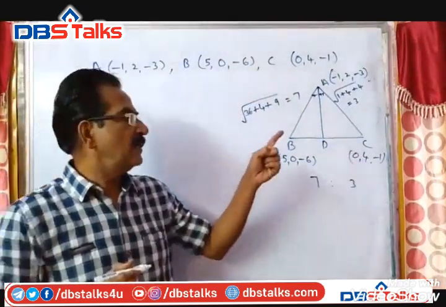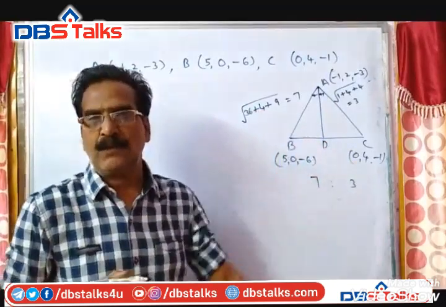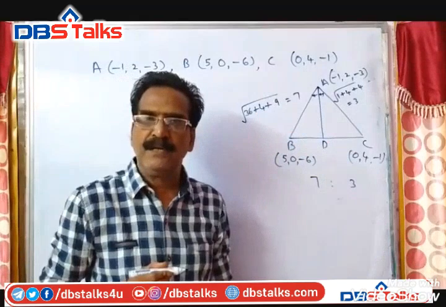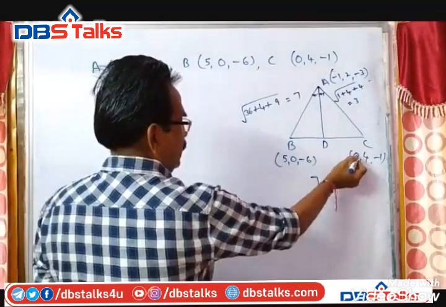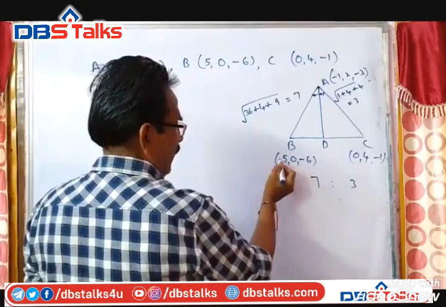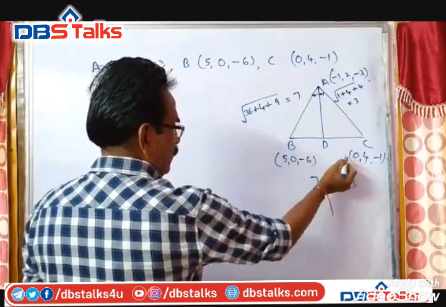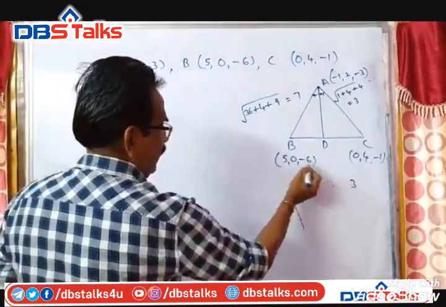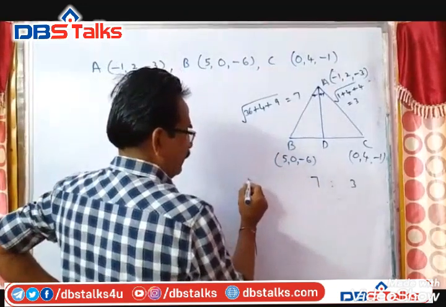Now we can find the coordinates of D. So that, 7 into 0 plus 3 into 5, 15, by 7 plus 3, 10. 15 by 10.